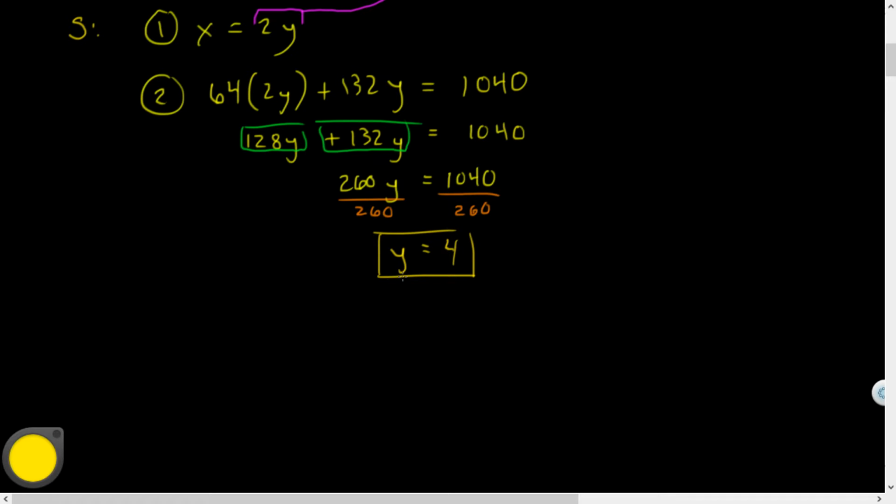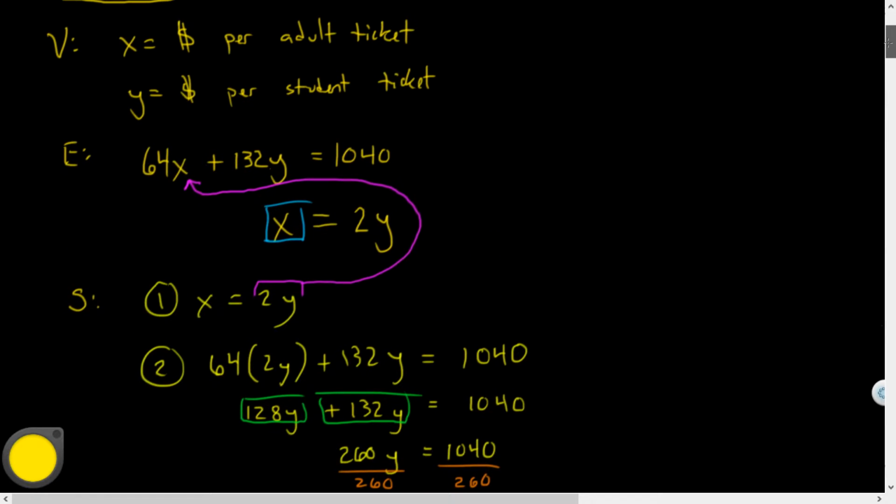What does y mean in terms of this word problem? We defined it with our variables. Dollars for what? Yes, that's the price per student ticket. So when I say y equals 4, I'm saying the price per student ticket is $4.